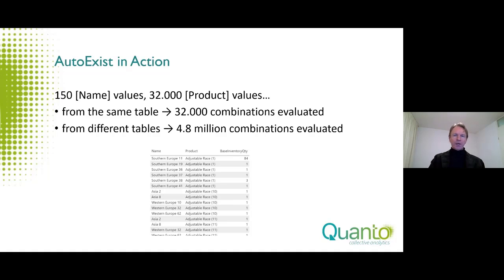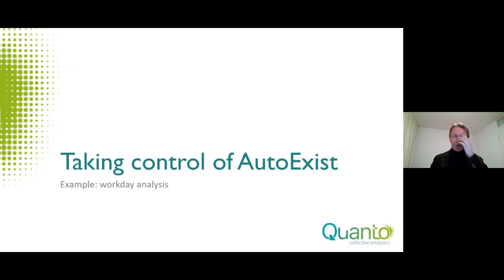All right, so that is the theory about AutoExist. Now you may think, well, okay, it happens, it works that way. I could avoid having too many columns from different tables in my visual. But if you know how AutoExist works, how it functions, then you can actually do very nice analysis on your data that are, well, quite hard to do otherwise.